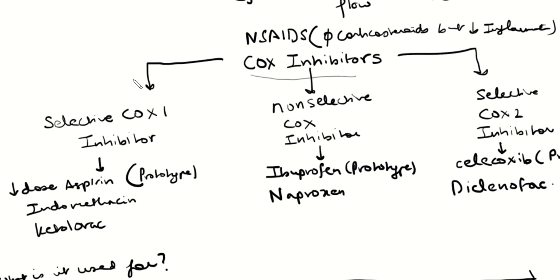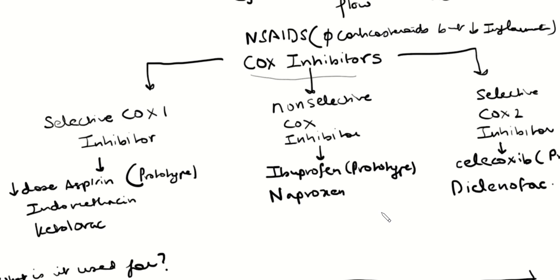If you see an NSAID which is not on the list of drugs we're going to discuss right now, see which category it belongs to, because if you can localize the category of this NSAID, you know about 90% of what it does. You learn the classification of drugs, and once you learn the prototype, you'll get 90% of the information that you're required to have.